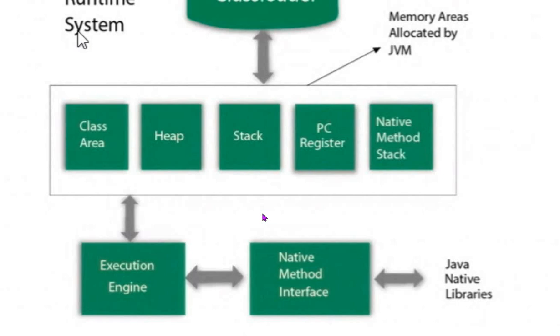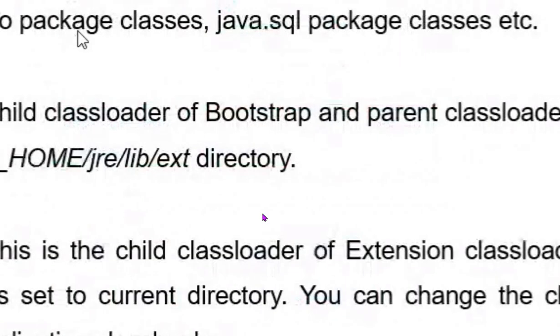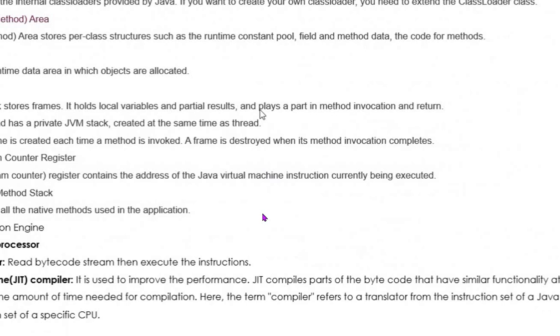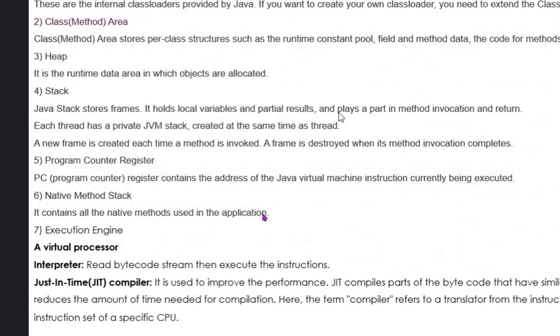Only when you are running the program, these will all be allocated and execution will happen. Once execution is done, then everything will be shut down. In that stack, those variable references and the calls will be entered one by one, and once they are completed, then one by one they will be popped out from that stack.